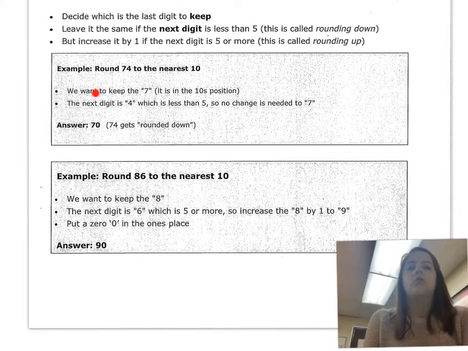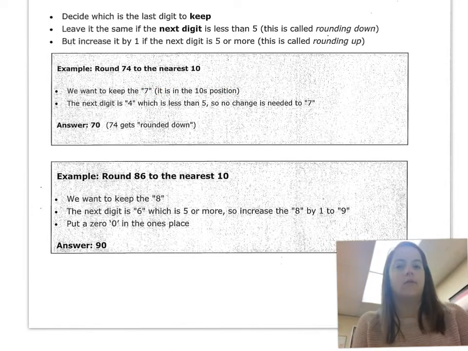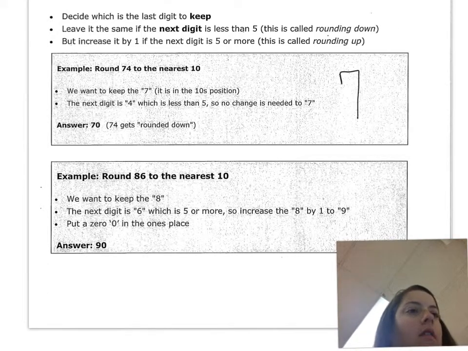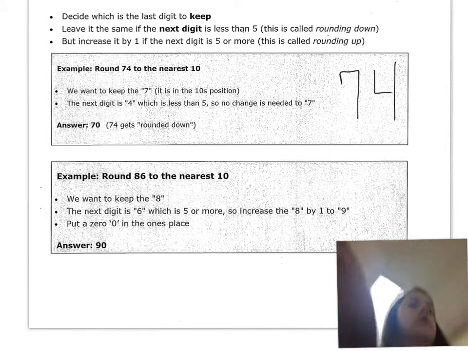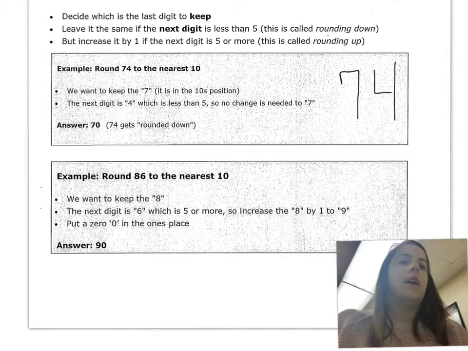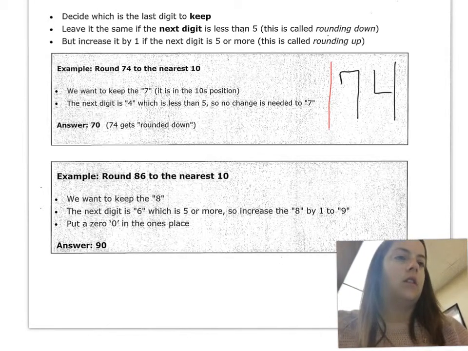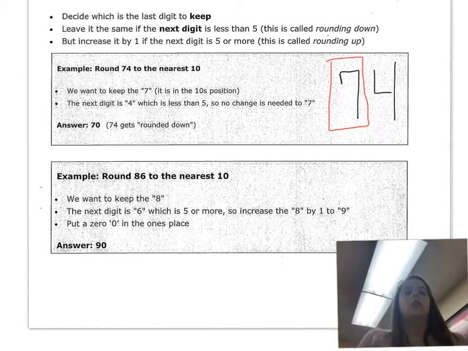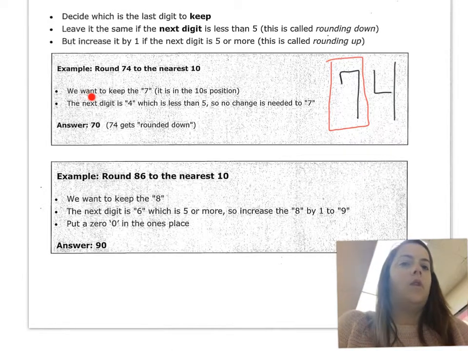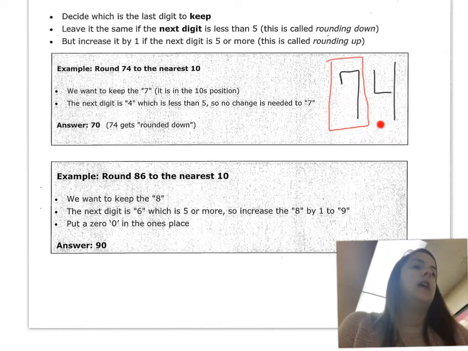We want to keep the 7 because it's in the tens place. So I'm going to write 74 over here, and I encourage you to do the same. 74 is currently in the tens place, so it's going to stay the same. We have the 7 marked off.